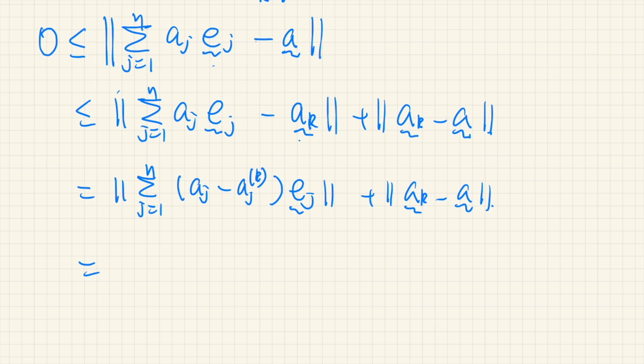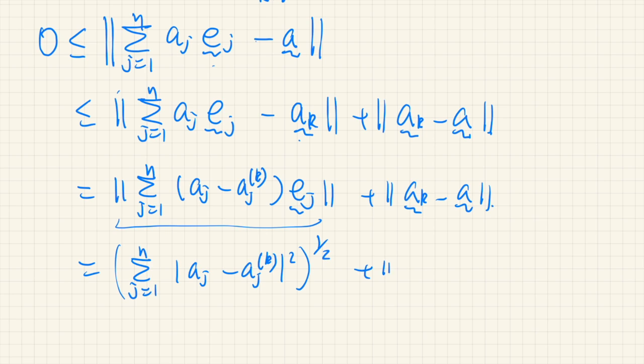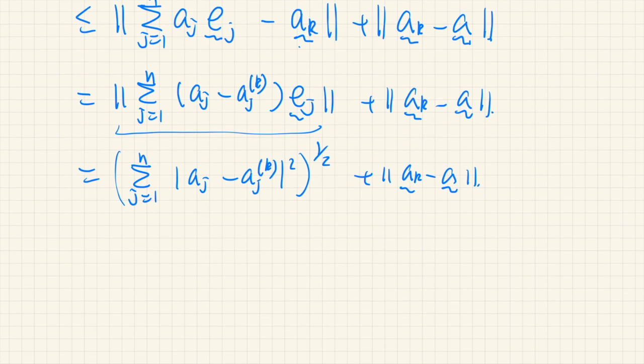But this norm is equal to the square root of the sum of (a_j minus a_j^k) squared. But we have seen that this sequence, as k varies from 1 to infinity, converges to this a_j. So each of these terms converges to 0. And this one, of course, converges to 0.